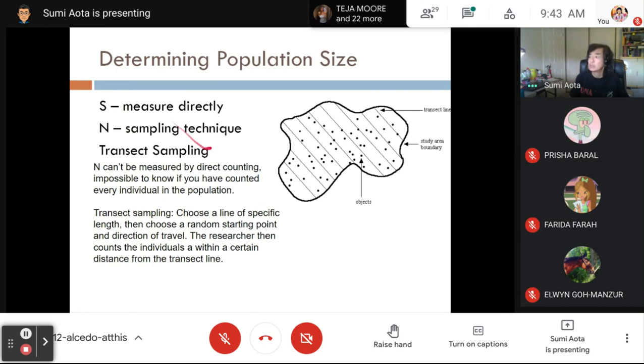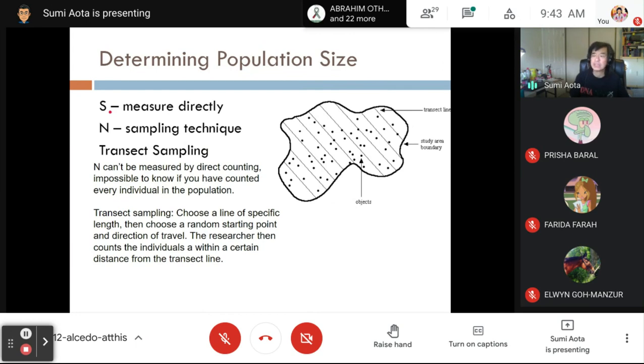So if you manage to count every single individual in a population, then the variable you use is S. If I was going to use the number of students in my grade 12 bio class from 2 years ago, that was 26 kids. I can count them. Therefore, my population size value is S because I know the exact number.